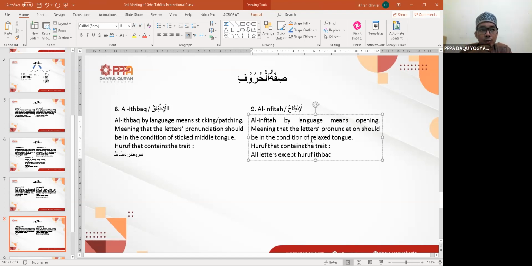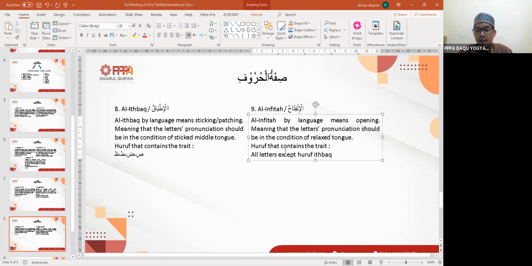You don't have to raise your tongue. Just relax, just chill out. All letters except huruf itbaq, except these 4 huruf, are included in al-infitah. They all have the al-infitah trait.